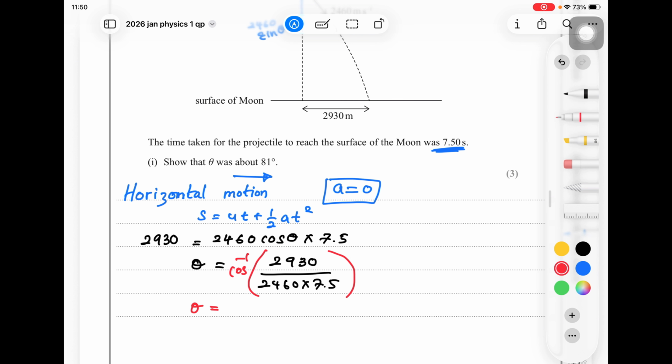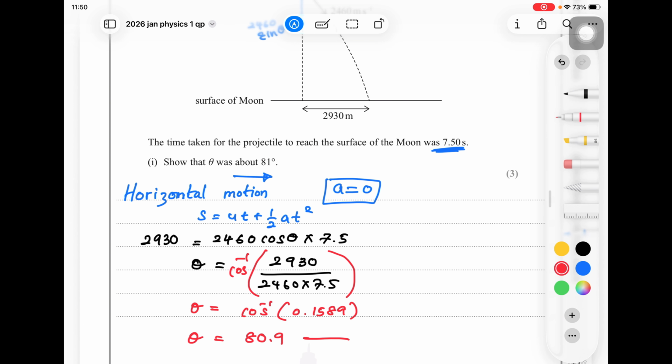Once we get it, this simplification is 0.1589. So cos inverse of 0.1589, theta is 80.9.